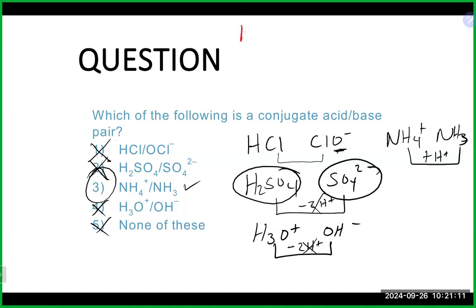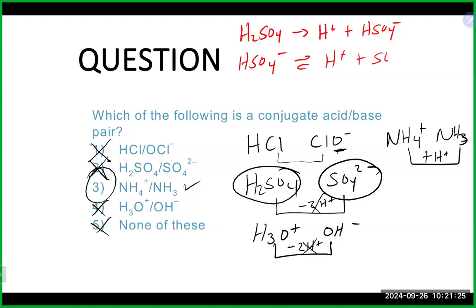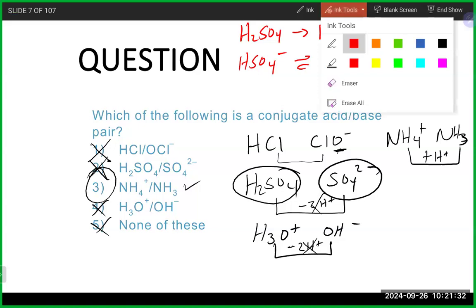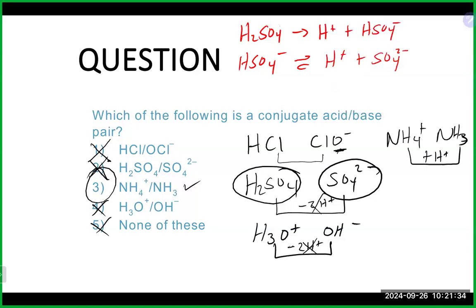So for example, here, H2SO4 will drop 1 hydrogen and make HSO4 minus. Then that HSO4 minus will drop a second hydrogen and make SO4 2 minus. That is why when we look at this, the partners in terms of acid and conjugate base pairs, this guy here and this guy here, they are partners, as that is only a 1 H plus difference.